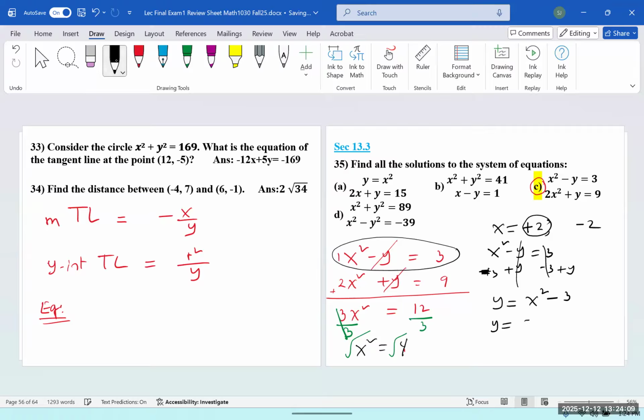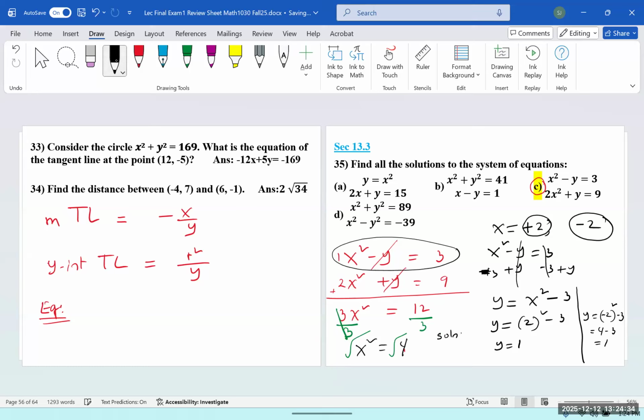So we get y equals 2 squared minus 3, which is 4 minus 3, which is 1. Now for the next one, our y is negative 2 squared minus 3, but negative 2 squared is also 4. So you get 4 minus 3, also 1.